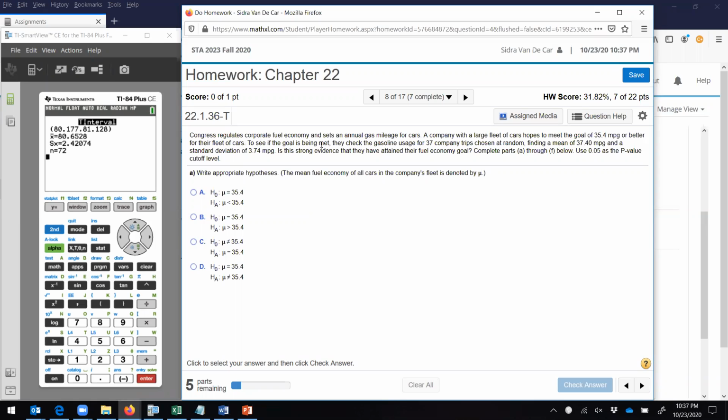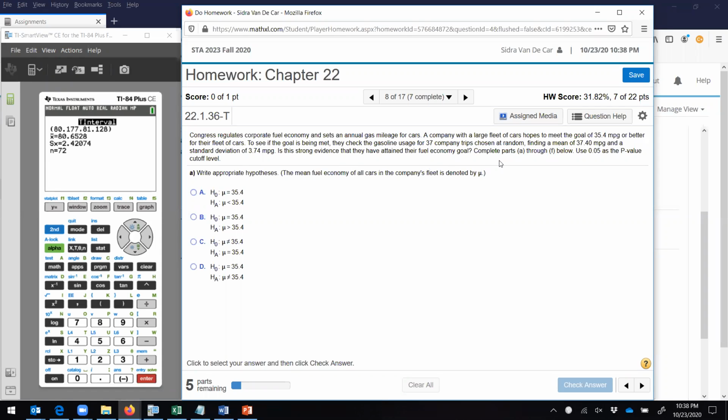Congress regulates corporate fuel economy and sets an annual gas mileage for cars. A company with a large fleet of cars hopes to meet the goal of 35.4 miles per gallon or better. If the goal is being met, they check the gasoline usage for 37 trips chosen at random, finding a mean of 37.4 and a standard deviation of 3.74.